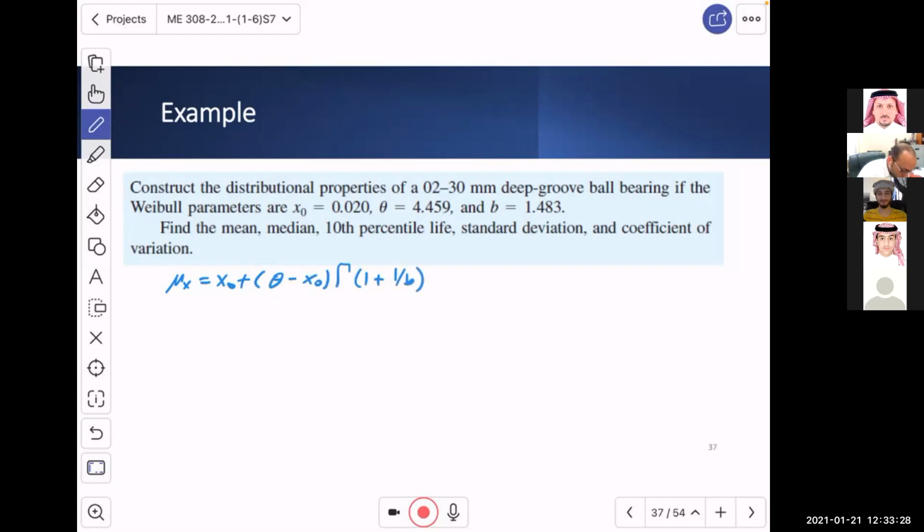Now, x0 is given to us, which is 0.02, and theta is also given, which is 4.459, and b is also given, which is 1.483. Now, when you calculate this, what did you get? You will get 4.033.